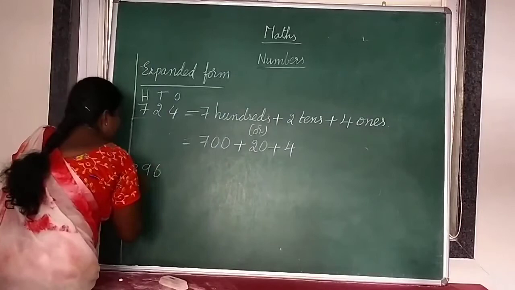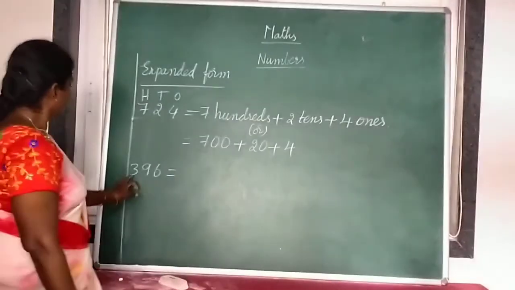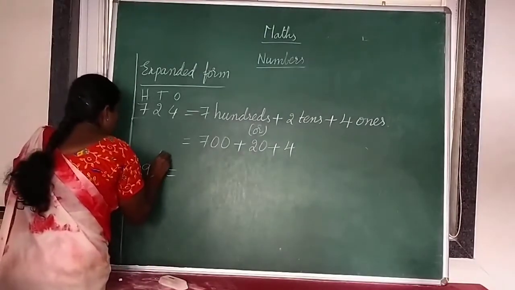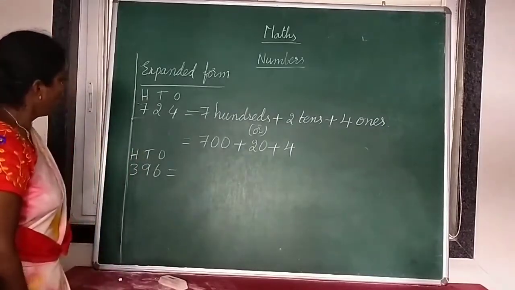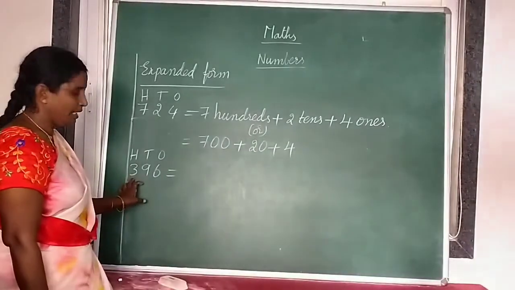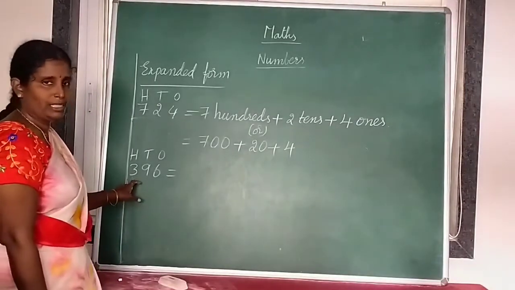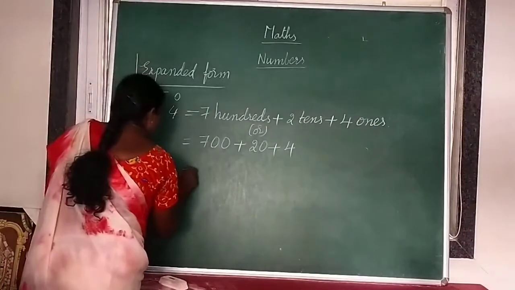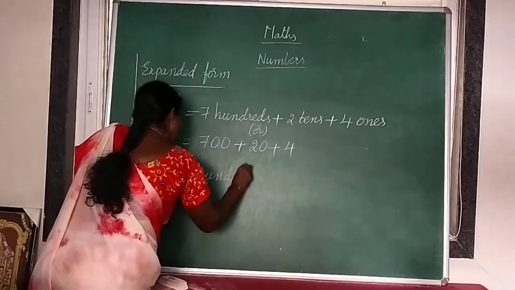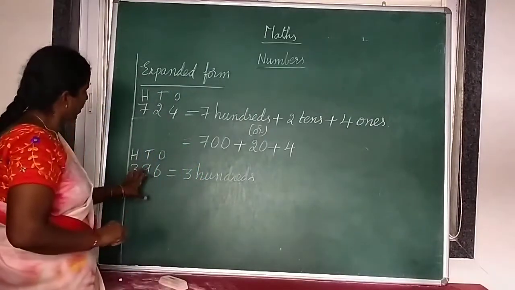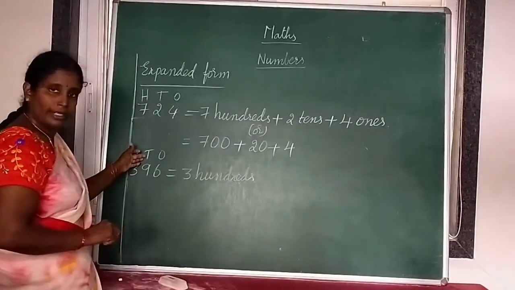One more question. 300 hundreds plus, 9 in which place? 9 in tens place.